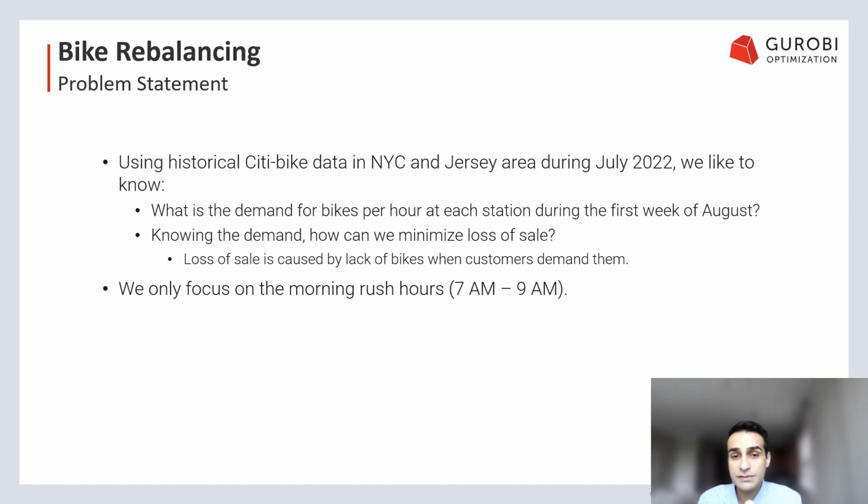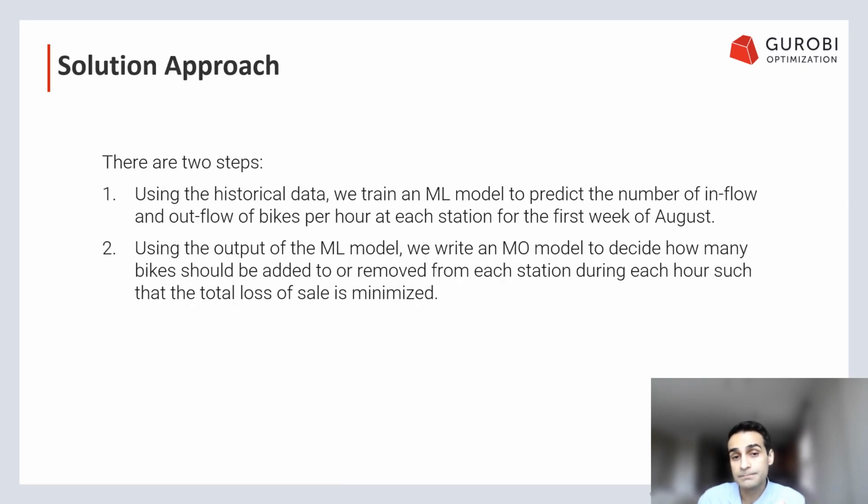And now, knowing this demand, our goal is to minimize the loss of sale. Now, how do we define loss of sale? Well, loss of sale happens due to lack of bikes when customers demand them. And as mentioned earlier, we are interested in rush hour, more specifically morning rush hour. So our analysis is going to be focused on the hours of 7 a.m. to 9 a.m.